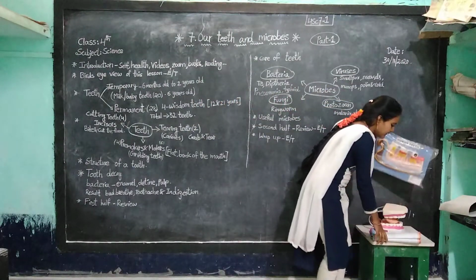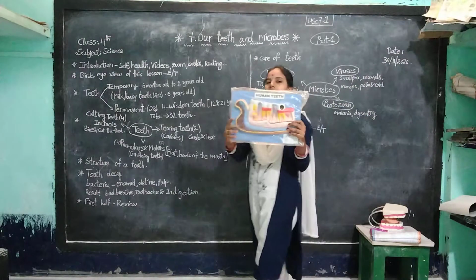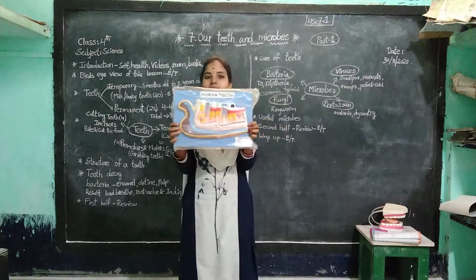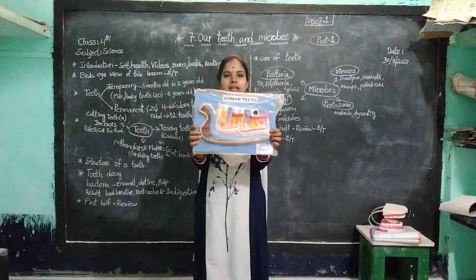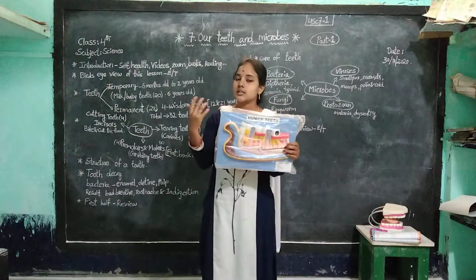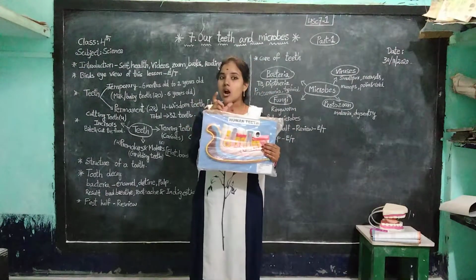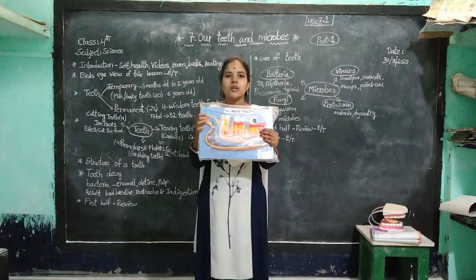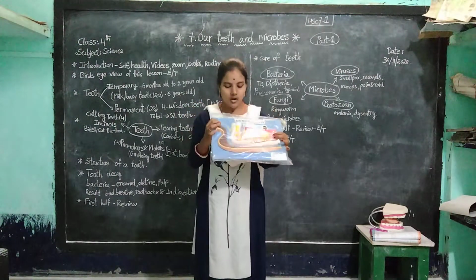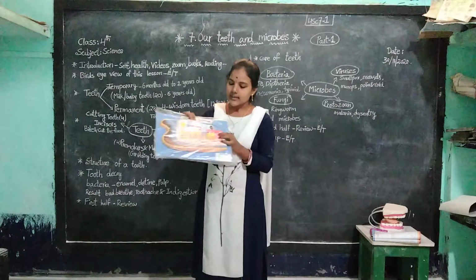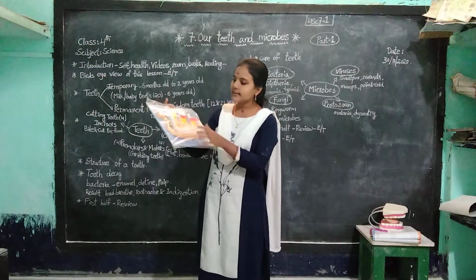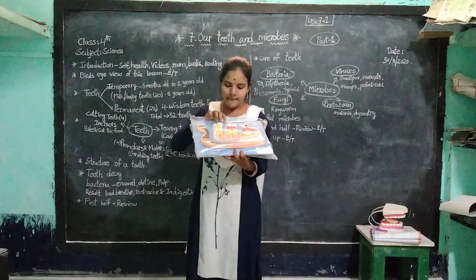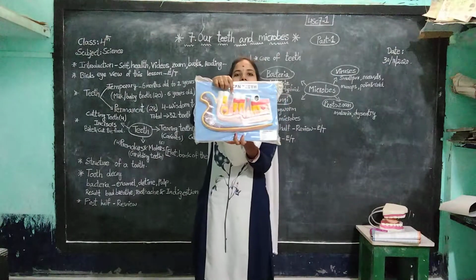Observe the human tooth. Okay children, this is not a structure, just a human tooth. Here in the structure of a tooth, the outer hard layer is called enamel. This is the enamel.